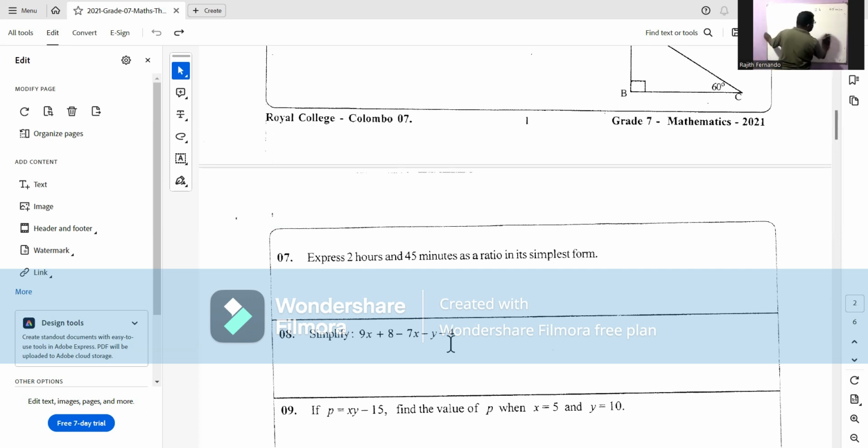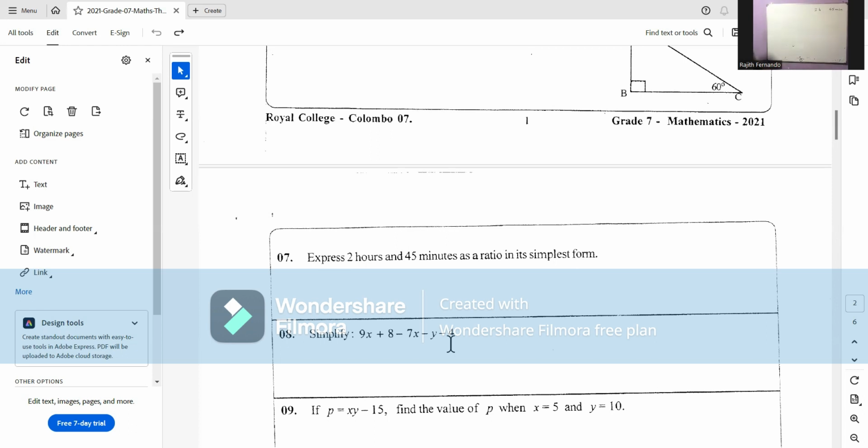To express something as a ratio, you should have the same unit. This is hours and this is minutes, so you can't directly say the ratio. Therefore, you have to convert the hours to minutes.